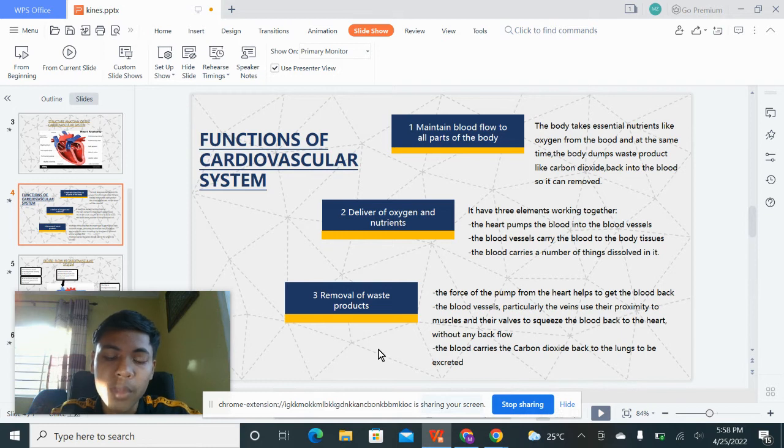The blood carries the carbon dioxide back to the lung to be extracted. It also carries other waste from the metabolic process such as water and lactic acid. This is taken back to the kidney and liver so we can process it and extract it.